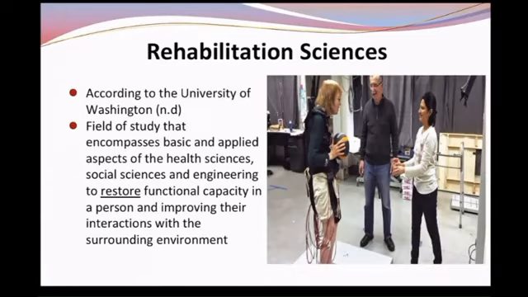So let's look at the definition of rehabilitation sciences. According to the University of Washington, it is a field of study, and it encompasses the basic and applied aspects of health sciences, social sciences, and also engineering to restore functional capacities of a person and to improve their interactions with their environment.